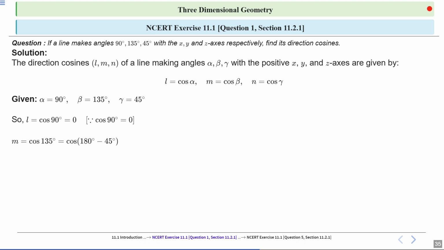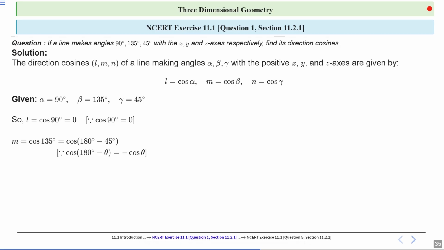Now let's find M. M equals cos 135 degrees. We can rewrite 135 degrees as 180 degrees minus 45 degrees. So M equals cos of 180 degrees minus 45 degrees.